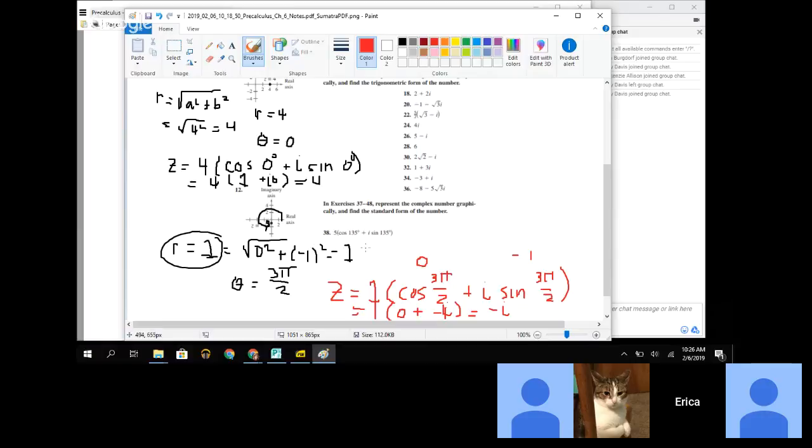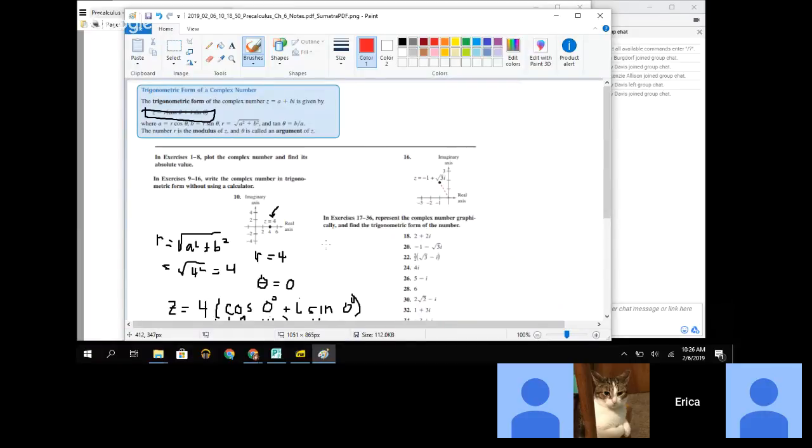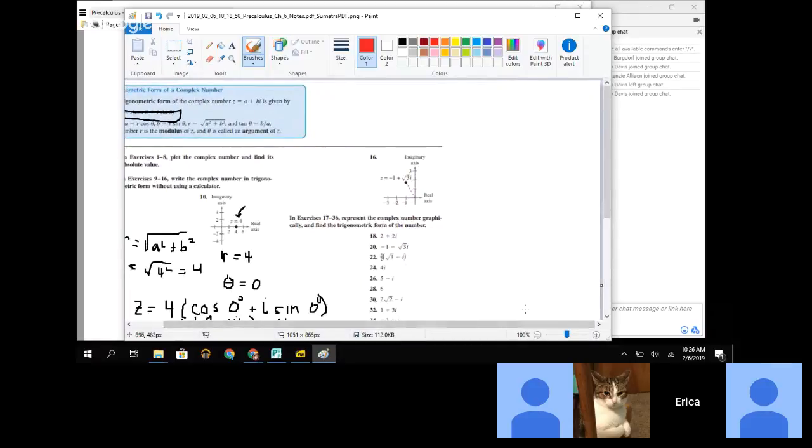Everybody good so far? You're like, great, I get to write something the same exact way. All right, so let's look at 16, where it's not quite as straightforward. Again, we're doing this without a calculator, which is fine. For 16, I don't have a nice, easy r value, so I have to evaluate it.